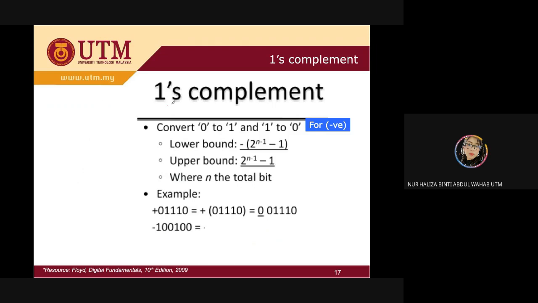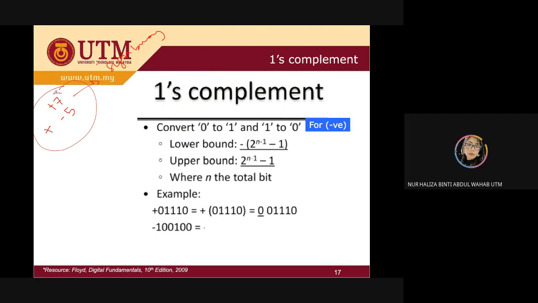For first complement, you do not apply this method for a positive number. Let's say you've been asked to calculate positive 7 in terms of a signed binary number. That's why you need to convert to binary first.